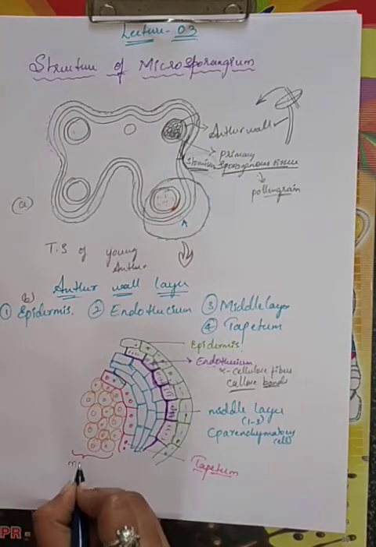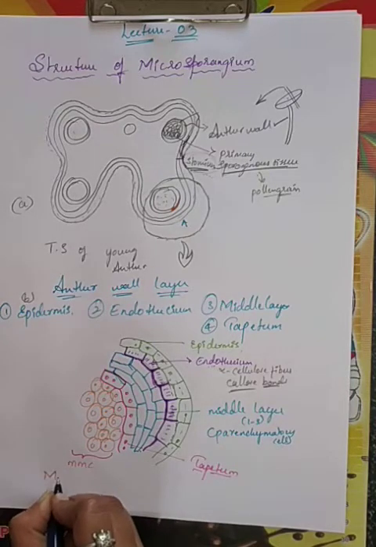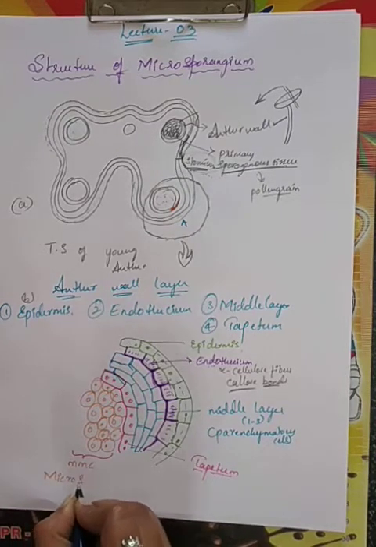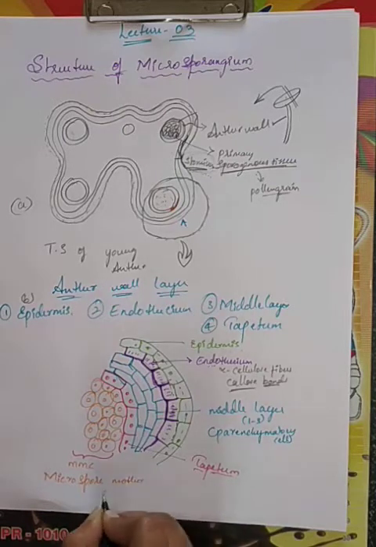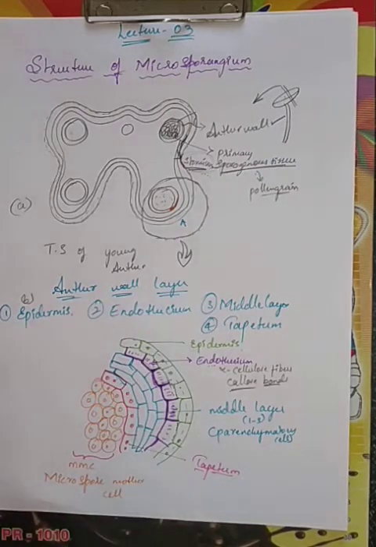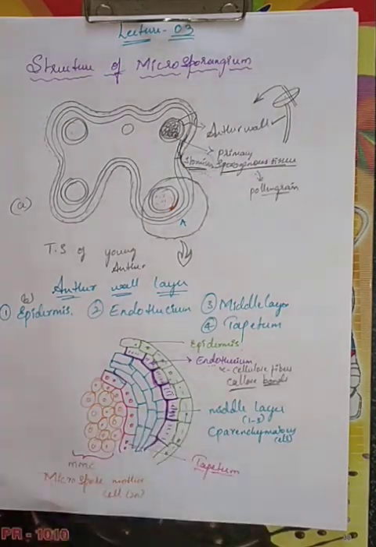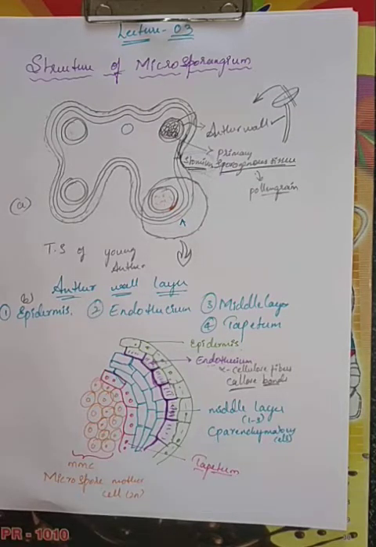MMC means microspore mother cell. What actually will the microspore mother cell be? Microspore mother cells, after cell division, are going to give you pollen grains. They will always be diploid in nature.